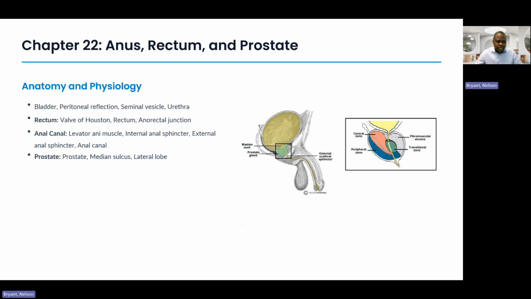When we look at chapter 22, it covers the rectum, prostate, and anus. These are key anatomical structures, which you can review to better understand their role in your assessment.